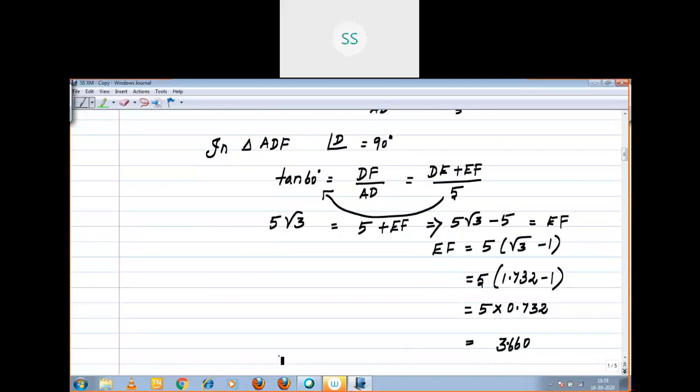That means 3.660. Height of the window equal to 3.660 meter, right? That can be written as 3.66 meter. Got it, children?